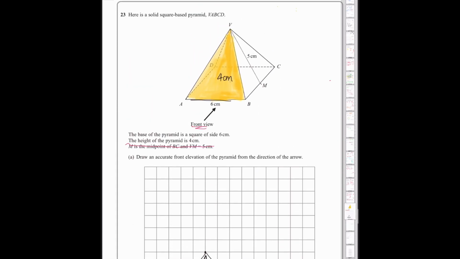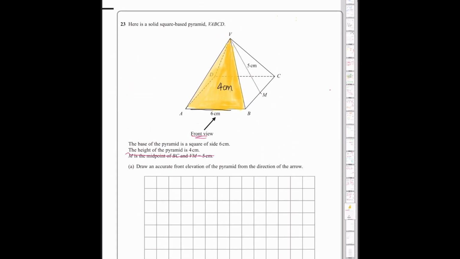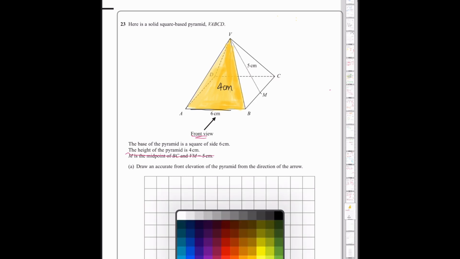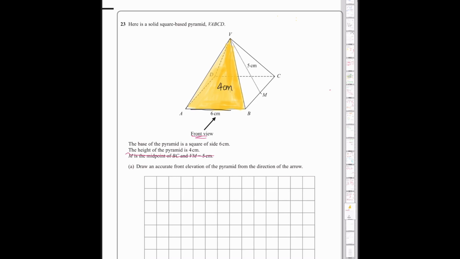So I'm going to look back at my pyramid. Now, surface area of my pyramid is a bit different. When it says surface area, it means, and I'm going to just take off all this yellow and show you in pink probably. Surface area means that it wants you to find the area of the front, okay, the sides, all the sides down here, and the base as well, okay?